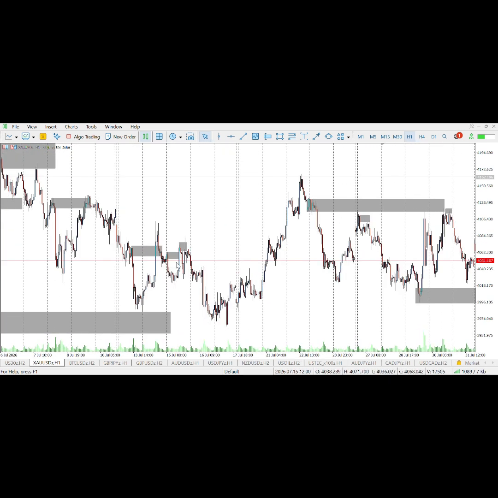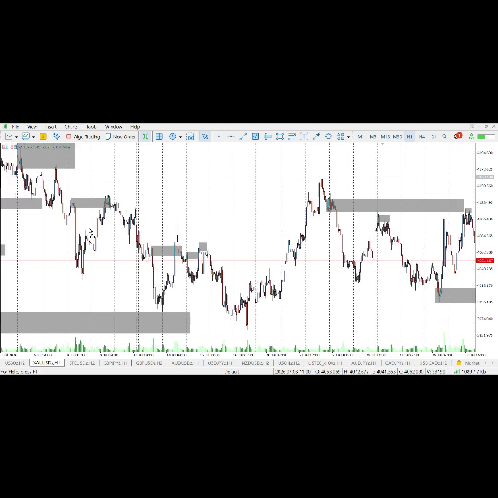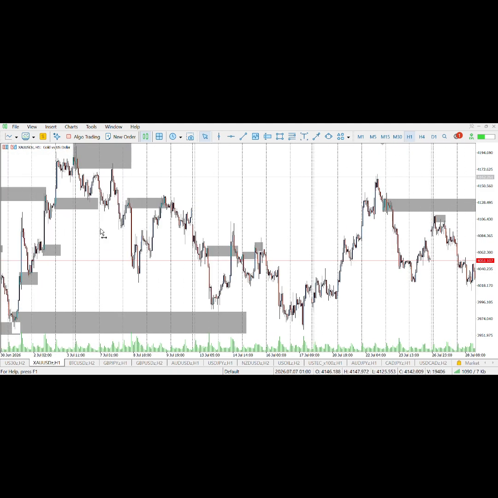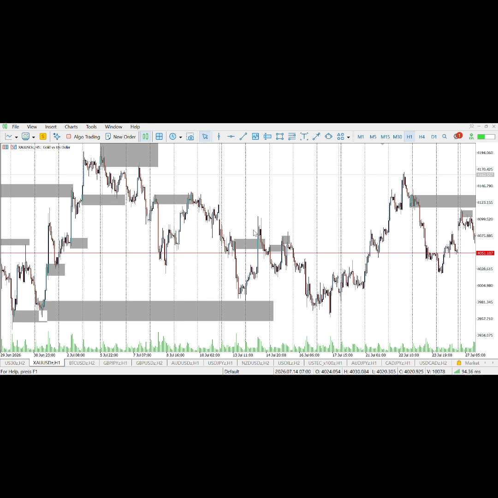Let me show you many more examples of how zones usually form.